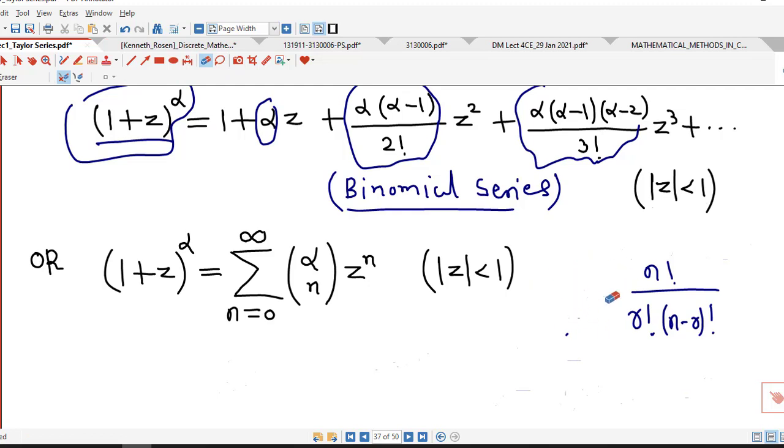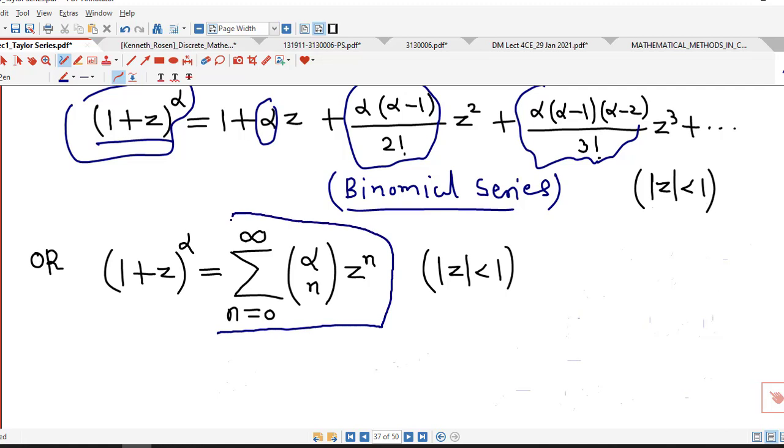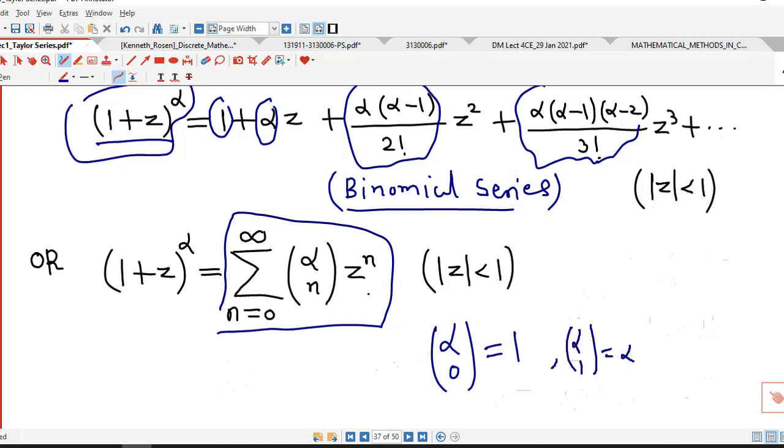So instead of writing individual terms, we can represent this right hand side series in sigma notation in this way also. If we find α C 0, then it is 1. Then α C 1 is α. Similarly α C 2 is by definition α factorial over 2 factorial into (α − 2) factorial.